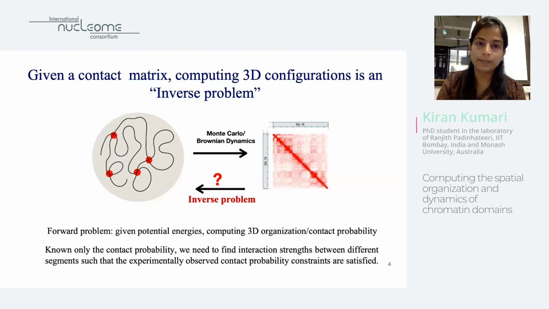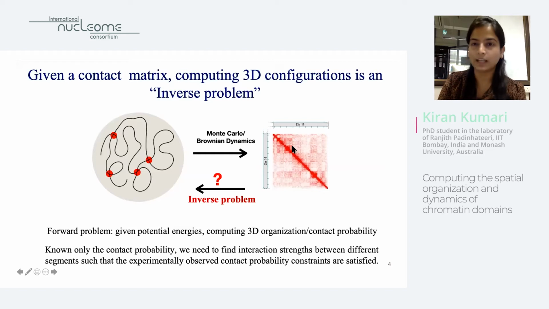Basically, with polymer expertise, if we know the interaction strength between chromatin segments, we can do Monte Carlo simulation or Brownian dynamics simulation, which is a forward simulation, and calculate static average properties such as contact probability.